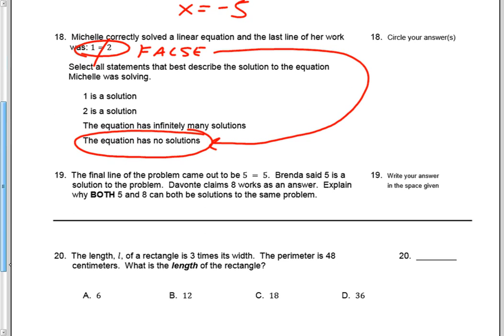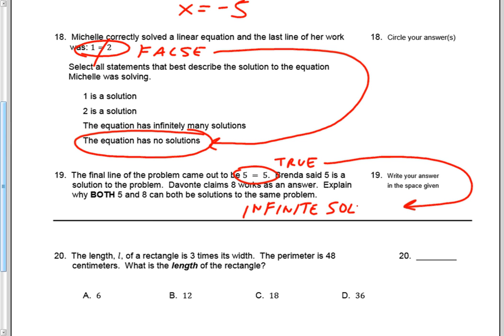But what if you get a true situation? This is true. What does infinite mean? It can be any solution. Anything. Any number works.